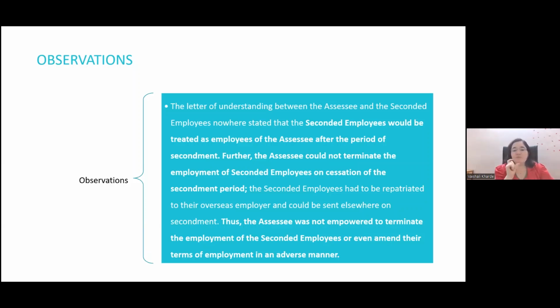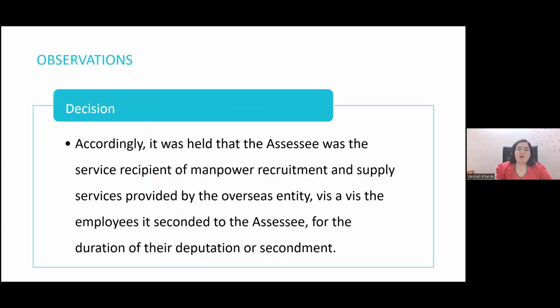On the basis of this control and power, the assessee, meaning the Indian company, was not empowered to terminate the employment of the seconded employee or even amend their terms of employment. So on the basis of all these observations, the apex court held substance over form.